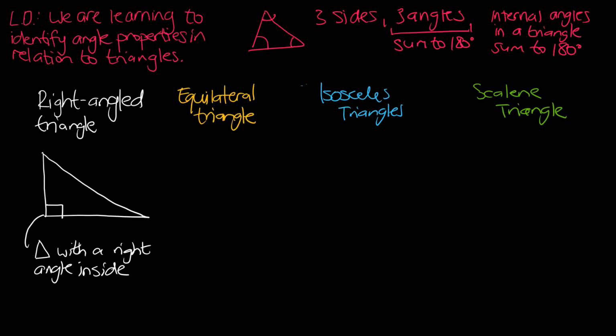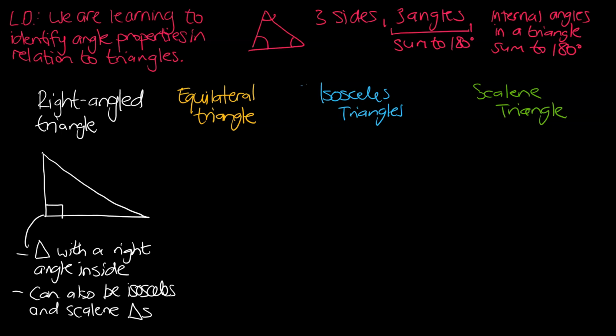And I'll get into this a little bit later on, but right angle triangles can also be, so I'll put some dashes there, can also be isosceles triangles, and they can also be scalene triangles too. And as I said, we'll get into that a bit more.